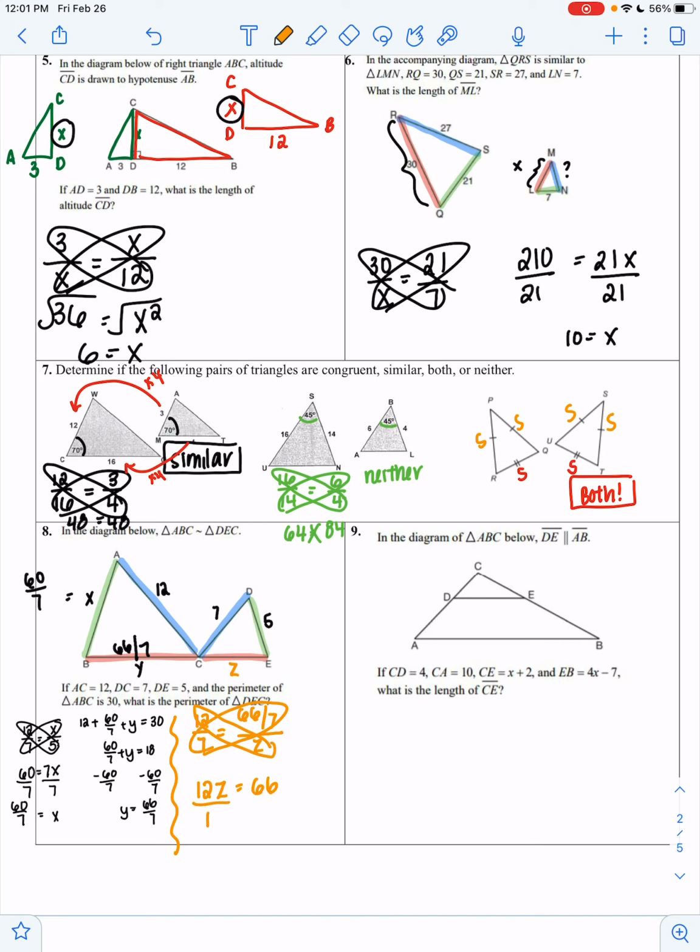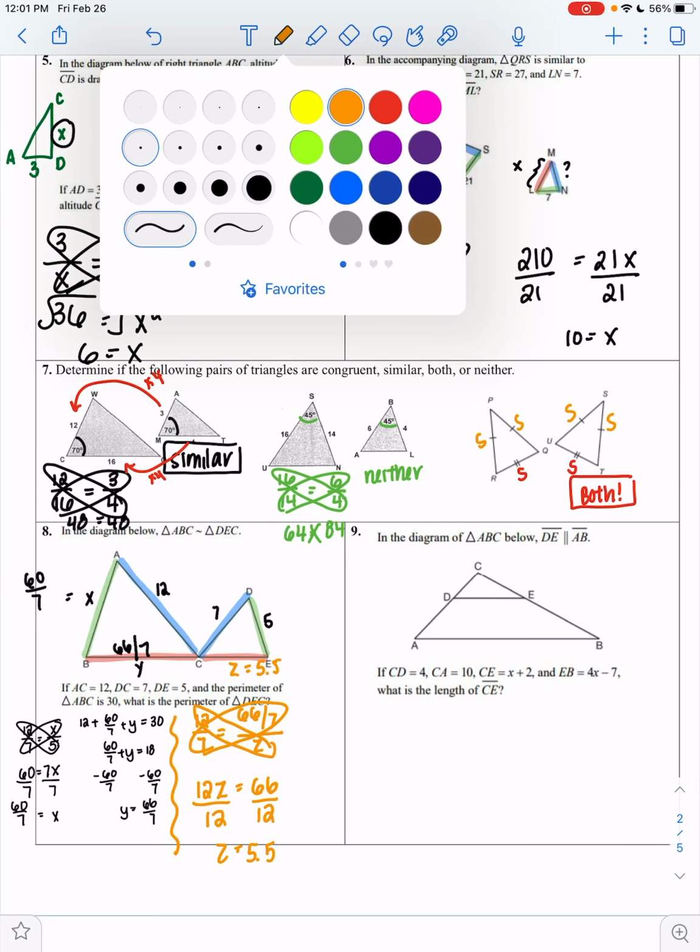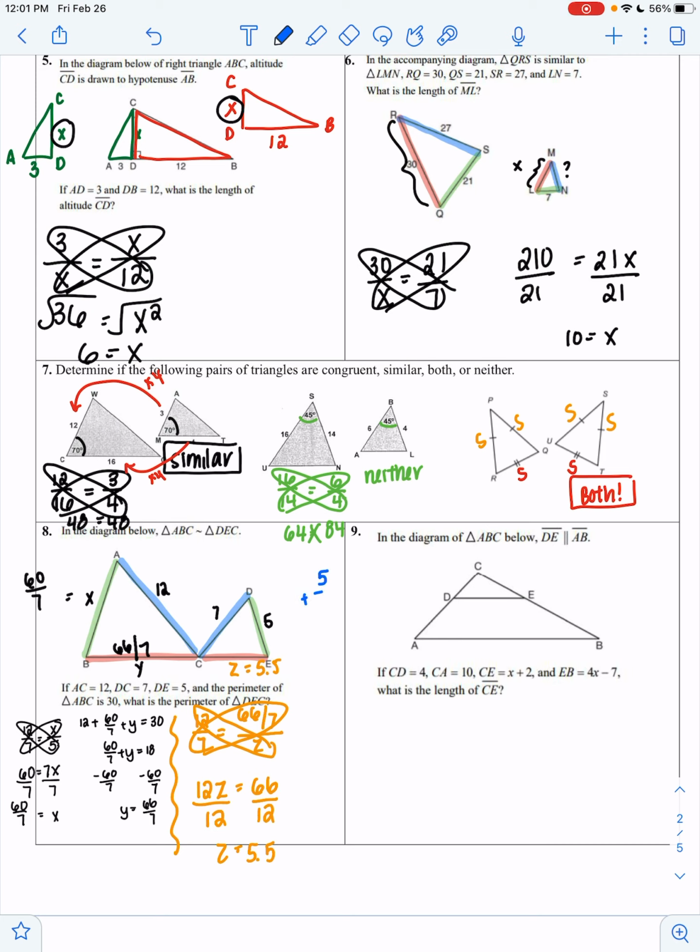Then we divide by 12 on both sides. 66 divided by 12 gives us 5.5. So this is 5.5. Now if I want to find the perimeter of triangle DEC, we just add up all those sides. So 5 plus 7 plus 5.5 gives us 17.5.